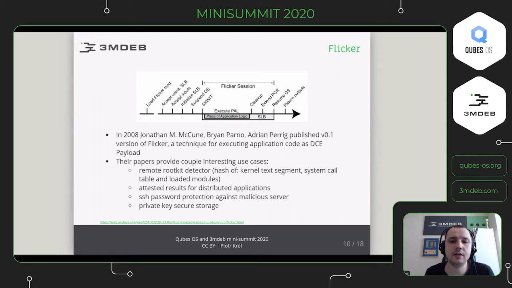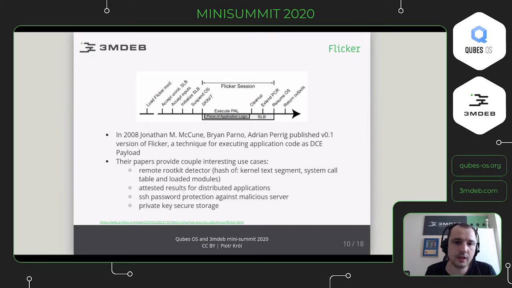And then they measured that into the PCRs, into the TPM. Then they can use remote attestation to prove that those measurements were really made by exactly this rootkit detector, and that those measurements are true, because a system could not fake it because it's a hardware protected secure execution environment.